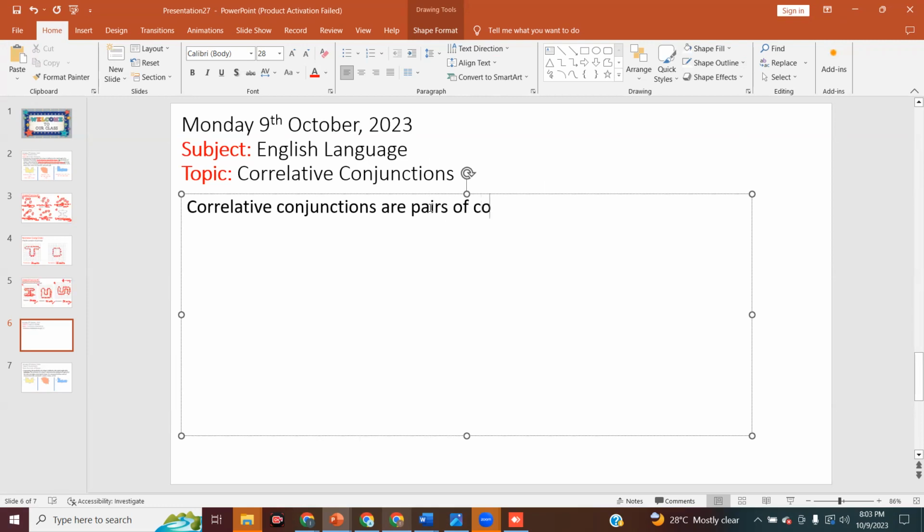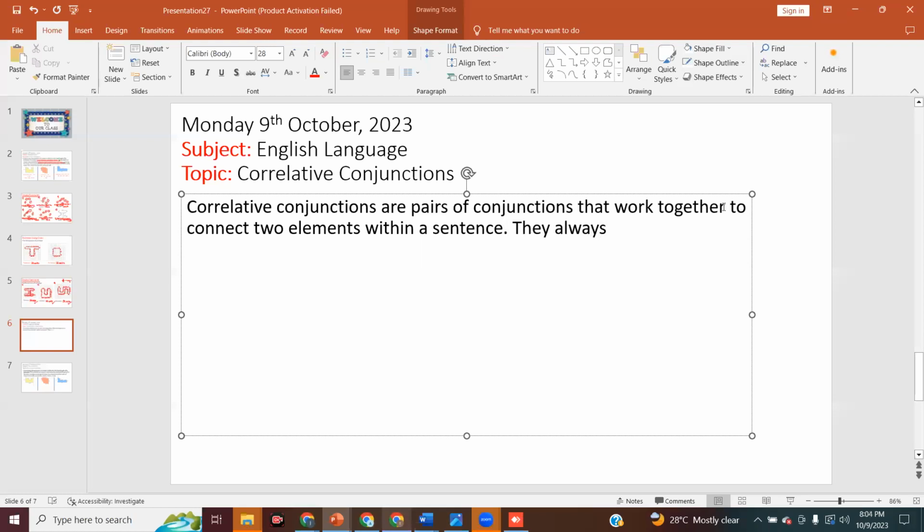So they are pairs of conjunctions that work together to connect two elements within a sentence. Like I said, they always appear in pairs.